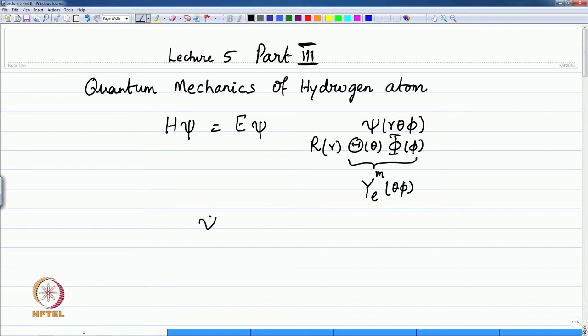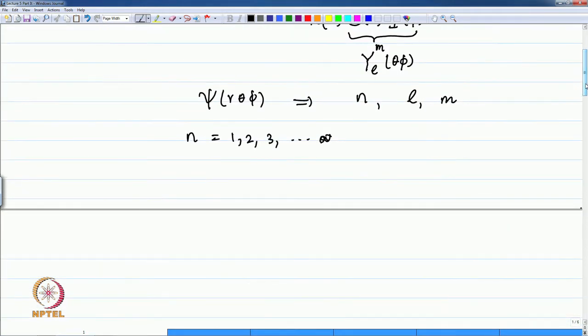When we solve these differential equations, the wave functions will depend on three quantum numbers, n, l, m. These are the standard representations for the quantum numbers. The values are: n goes from 1, 2, 3 to infinity, and the value of l is limited by the choice of n.